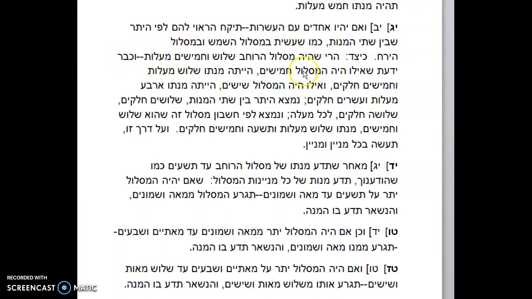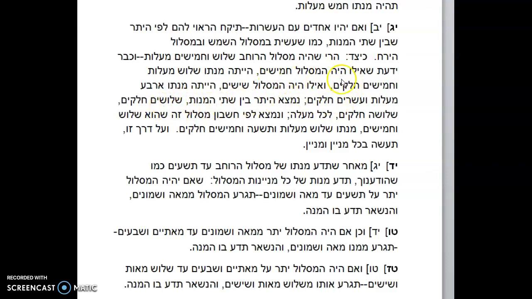If it would be, I'm sorry, I said 53. So if it would be 50, then the Rambam gives you the number for 50. It's 3 degrees and 50 halakim. If it's 60, then it's 4 degrees and 20 halakim. So how much is the difference between 3 degrees and 50 and 4 degrees and 20? We have 30 halakim.